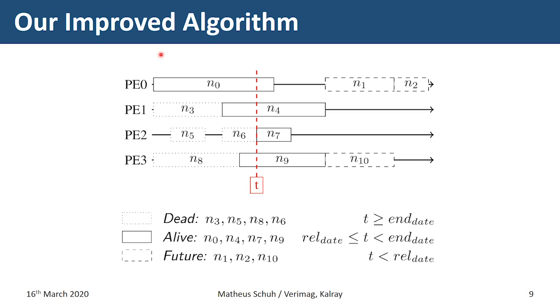This time cursor starts at T0 and keeps advancing either to the next minimal release date or to the next finish date of tasks. The dead and future tasks cannot provoke interference or change the response time that is being computed for the currently alive tasks.